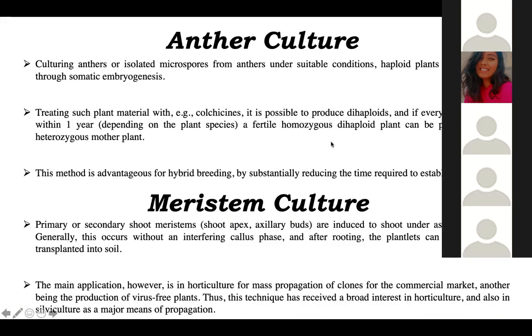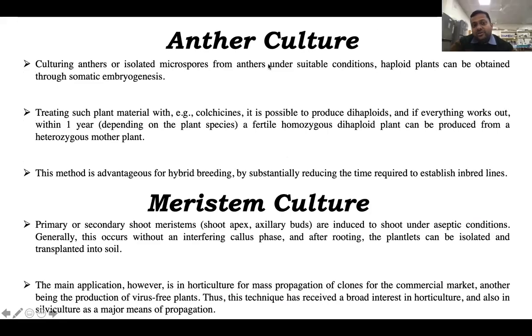Okay, so then the other is anther culture and meristem culture. Now, culturing anthers or isolated microspores was done by Guha and Maheshwari, and that's why they are still considered one of the landmark discoveries in tissue culture: you can culture anthers under suitable conditions, and that will lead to haploid plants through somatic embryogenesis.